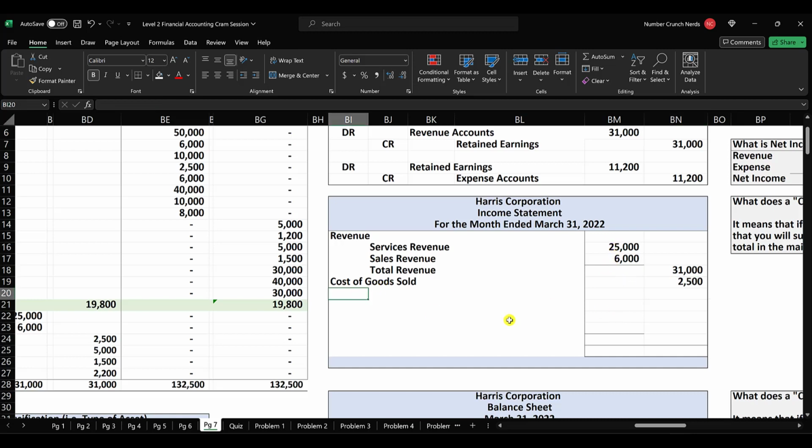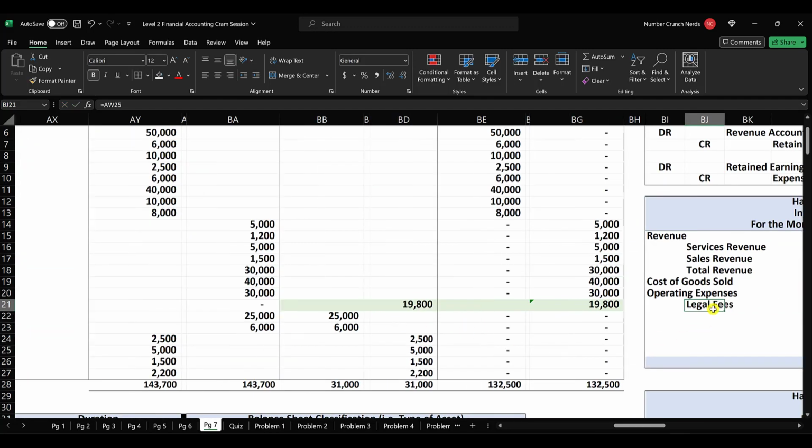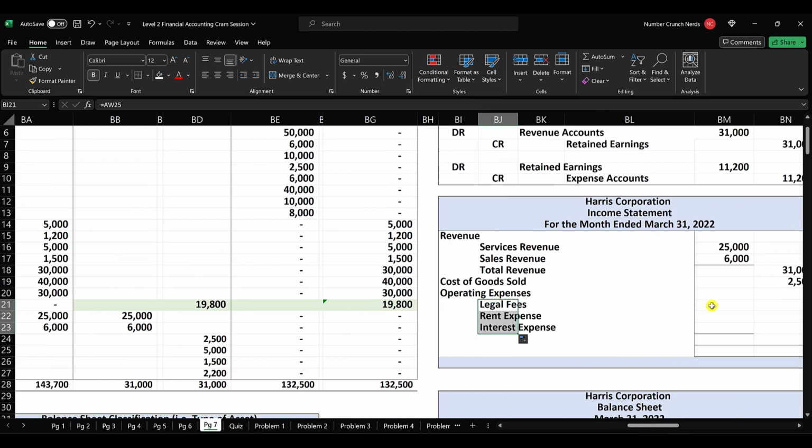After cost of goods sold comes a category called operating expenses. And within operating expenses is going to be all of these other items. So let me go over here and grab them. We have the legal fees, we have rent expense, we have interest expense. So I'm just going to link those descriptions right over here and drag it down. And then I'm going to go into my subtotal category.